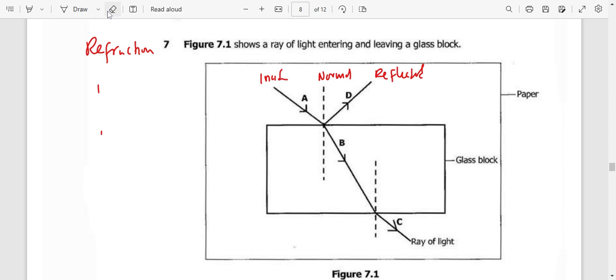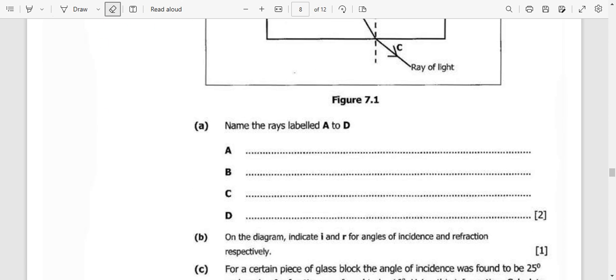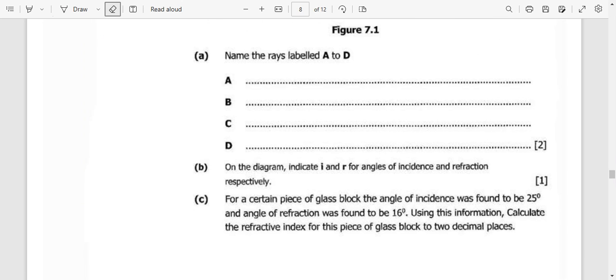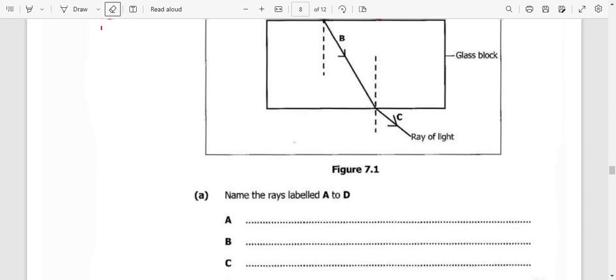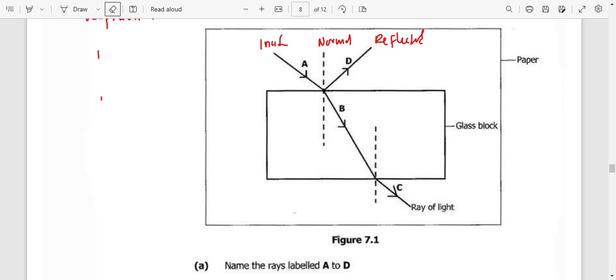So let's see the questions now, which are down. For the first one, name the rays labeled A to D. I've actually talked about this already, so let's identify them. A we've already labeled as the incident ray.